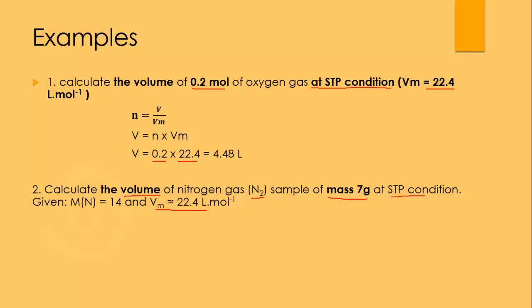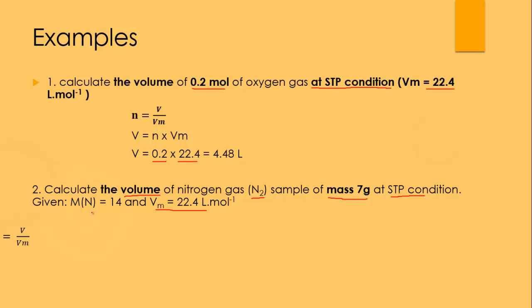How to calculate the mole quantity of nitrogen? If we have the mass, what is the expression used to calculate the mole quantity here? Since the mass is given, and the molar mass is also given for nitrogen, we can calculate the number of moles from the mass over molar mass.